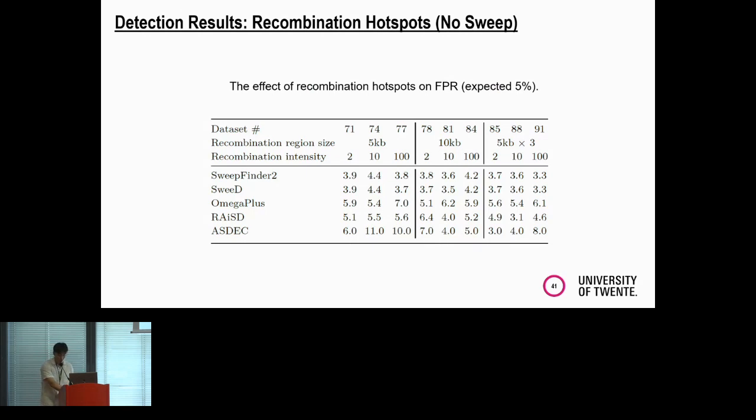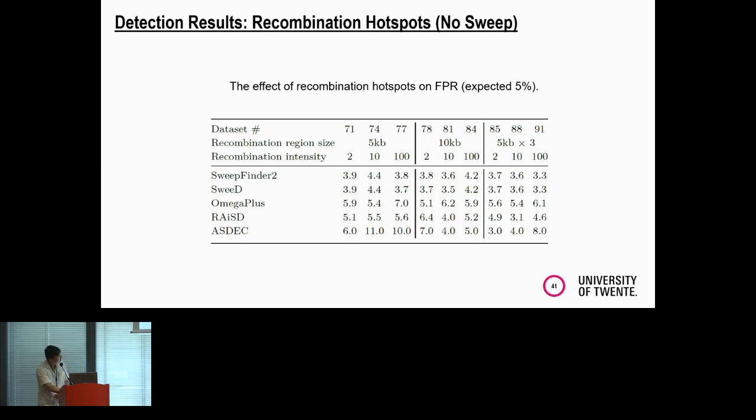In this slide, we also evaluate whether the recombination hotspot will influence the detection of selective sweeps. So here we measure the effect of recombination hotspots on TPR. Here the expected FPR is 5%.